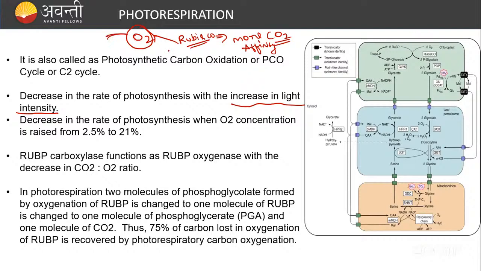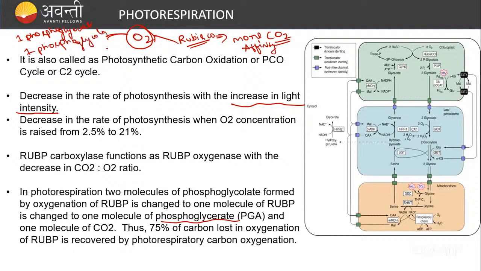Now, this Rubisco combined with oxygen produces two molecules mainly. What are they? One molecule of phosphoglycerate and one molecule of phosphoglycolate.